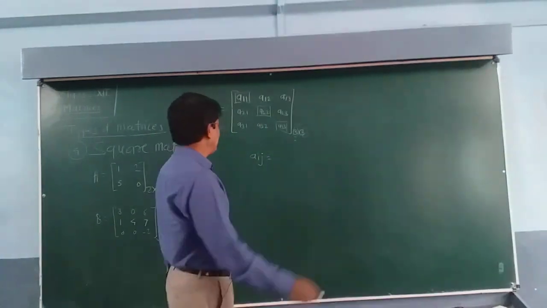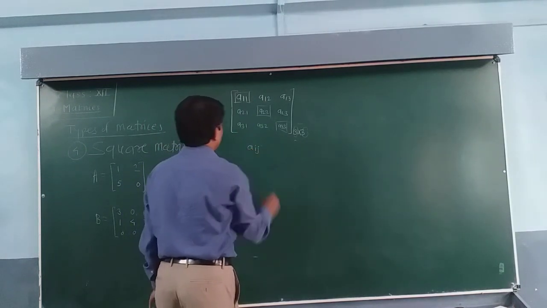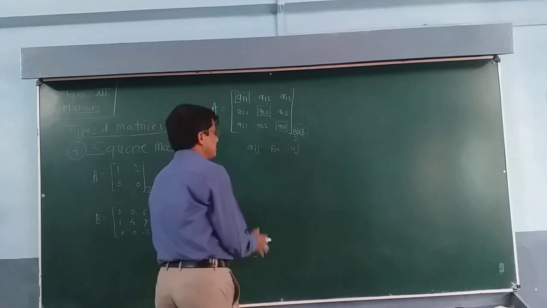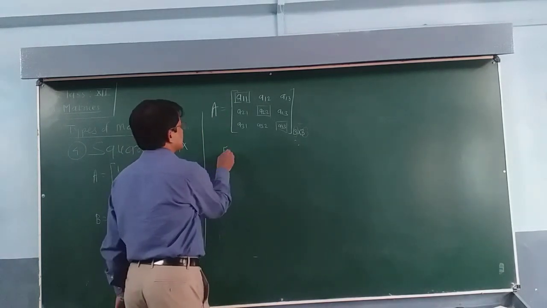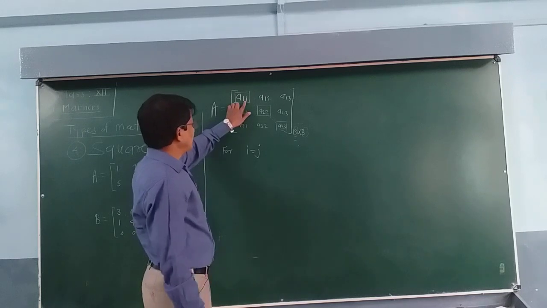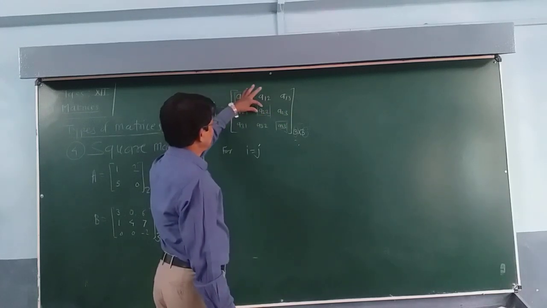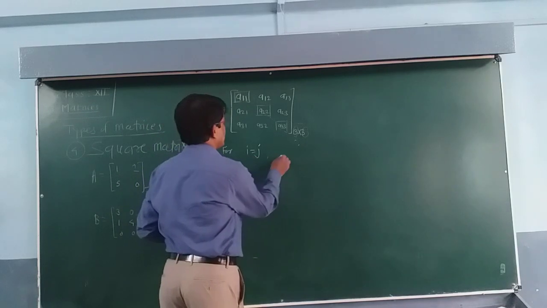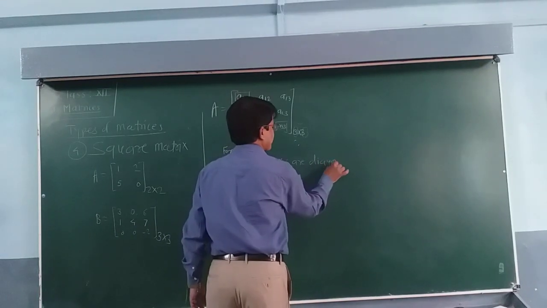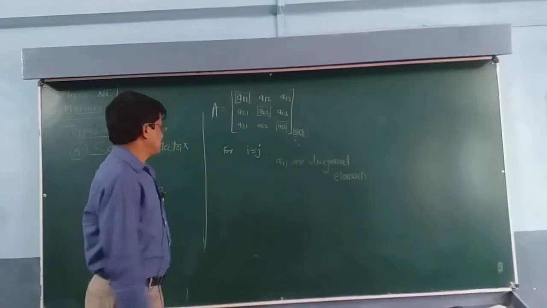For i equal to j, that is 1 1, 2 2, 3 3, these 3 elements Aij are diagonal elements. This is number first.